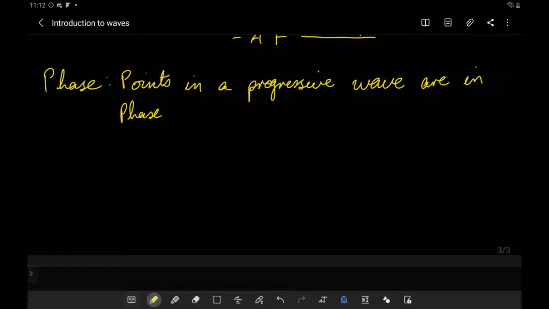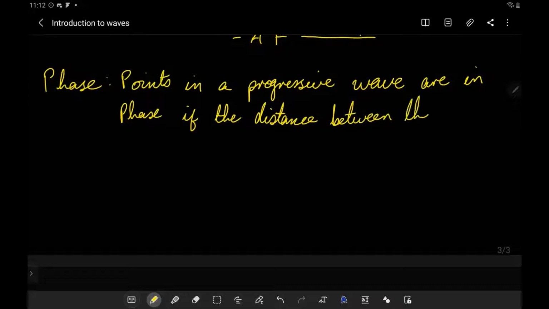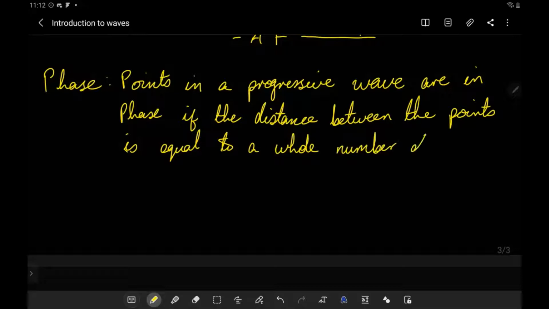So they are in phase if the distance between the points is equal, I should say, because we are talking about the distance, is equal to a whole number of wavelengths.